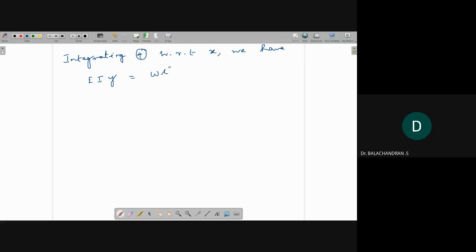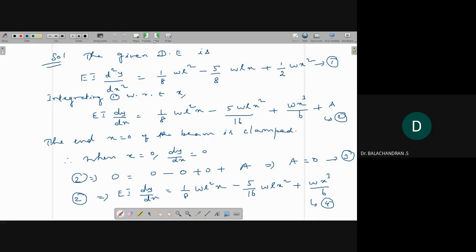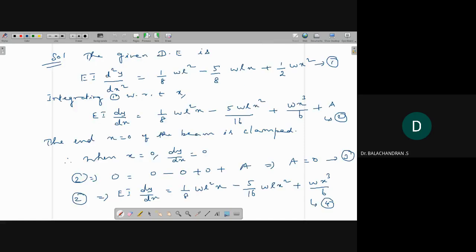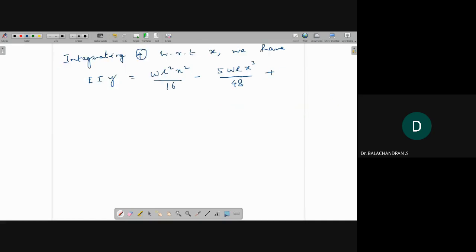Omega L square x square by 16 minus 5 omega L x cube by 48. So finally you have omega x power 4 by 6 into 4, 24, plus a constant b. So I need to find the constant b. Okay, I call this equation 5.